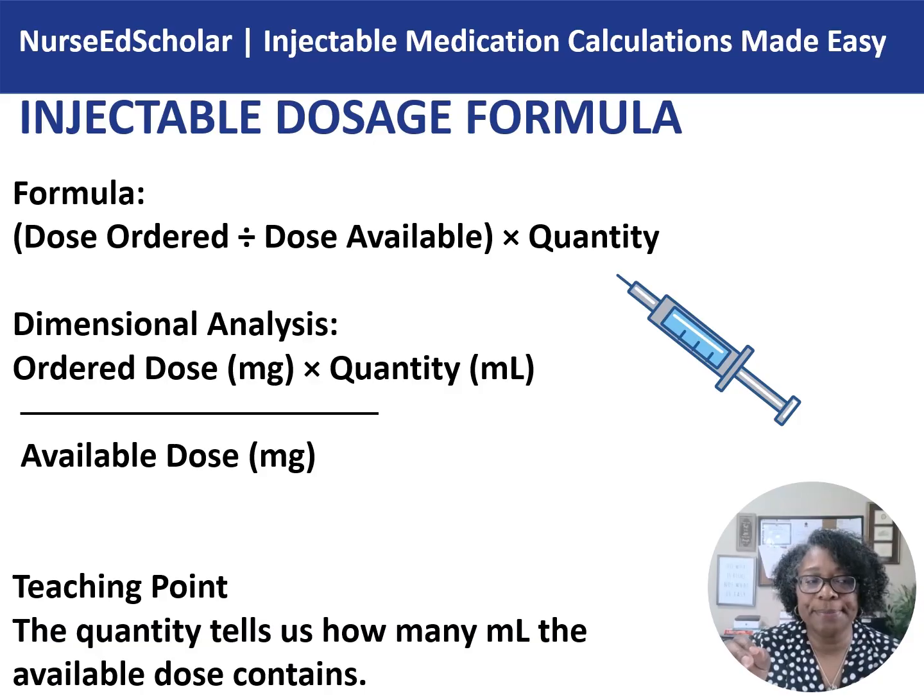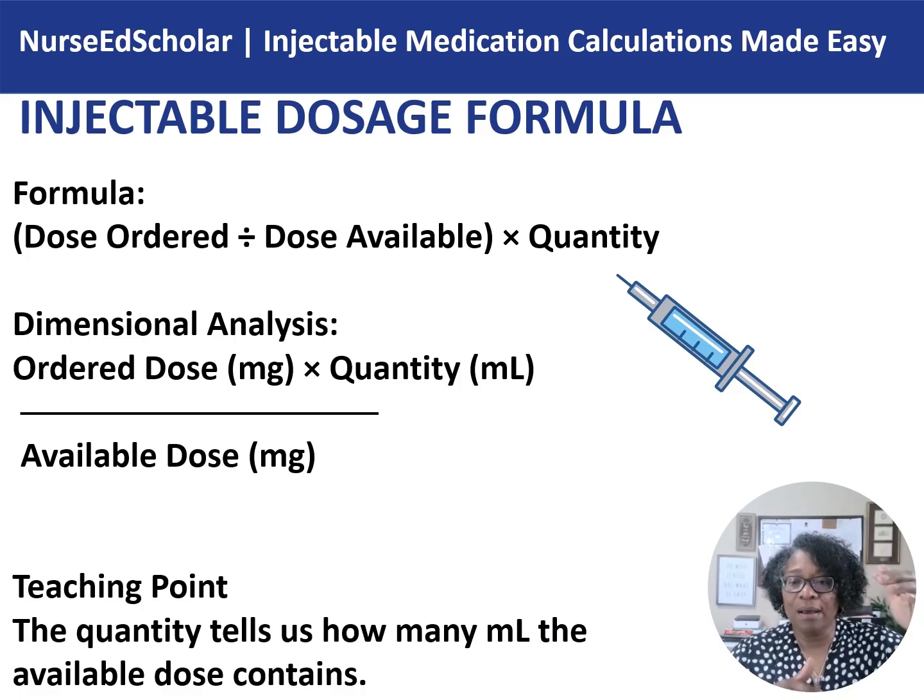When you're thinking about setting it up, you're using dimensional analysis just like before. It's helpful with injectable medications because the final answer will be in milliliters. Like I said, it's going to be dose ordered times the quantity available divided by the dose available.